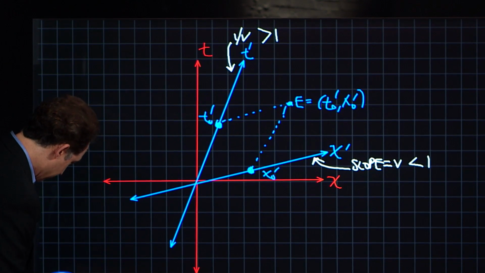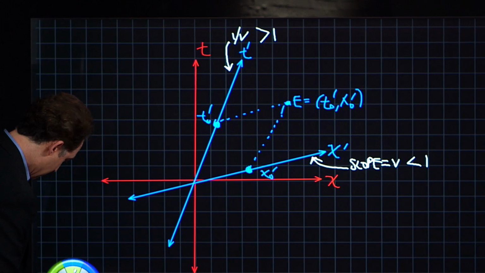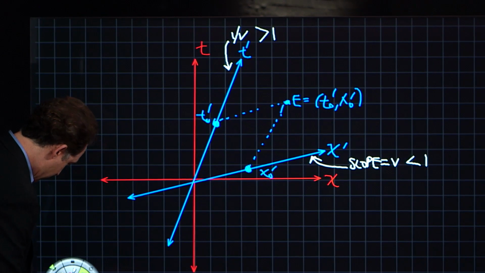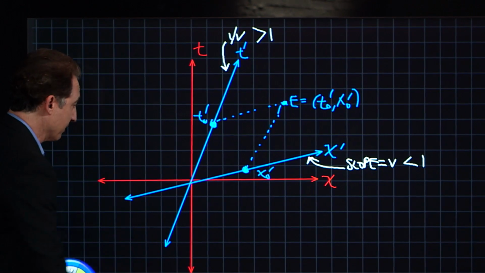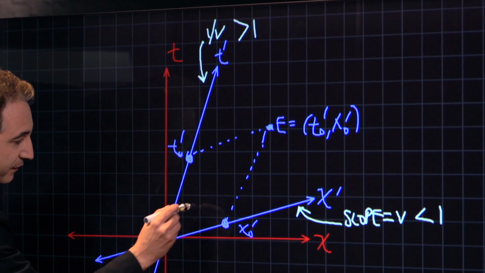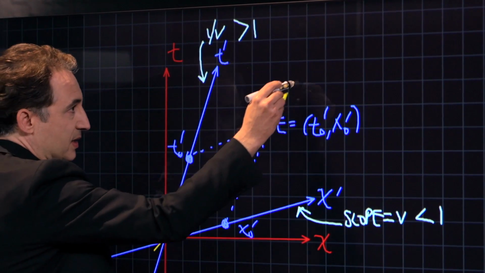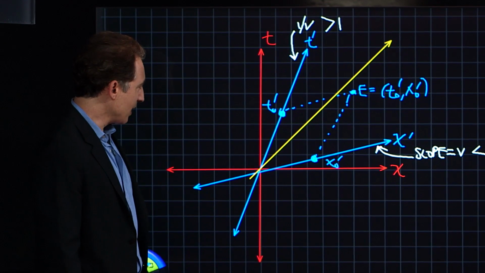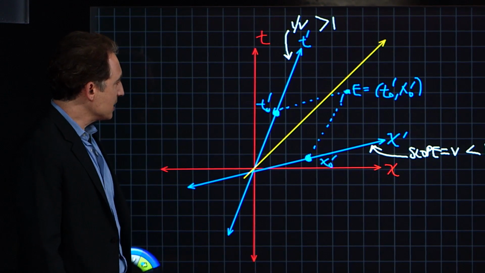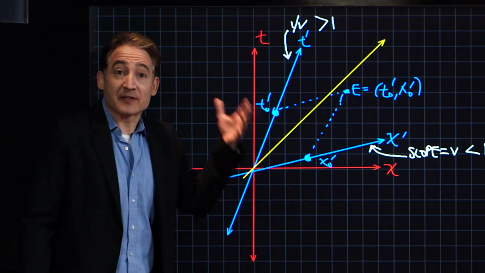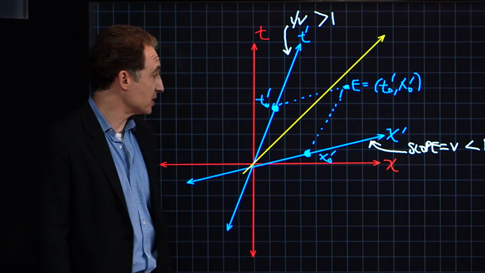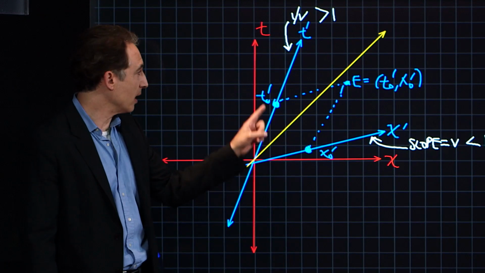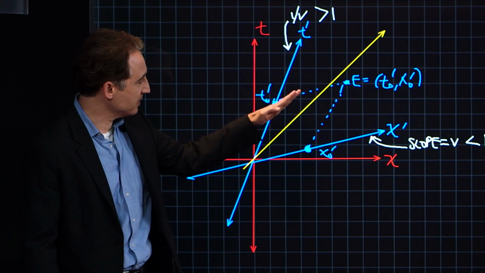Also note, for completeness, that if I plot over here the trajectory of a beam of light, it would be at 45 degrees, something like this, if the light beam is heading off in the rightward direction. As the velocity of the moving frame gets faster and faster, approaching 1, the speed of light, this axis will sweep up toward the yellow line, and the t prime axis will sweep down toward it.